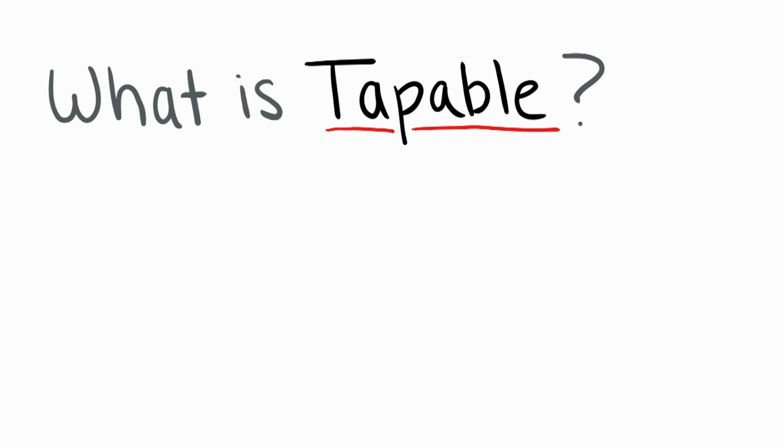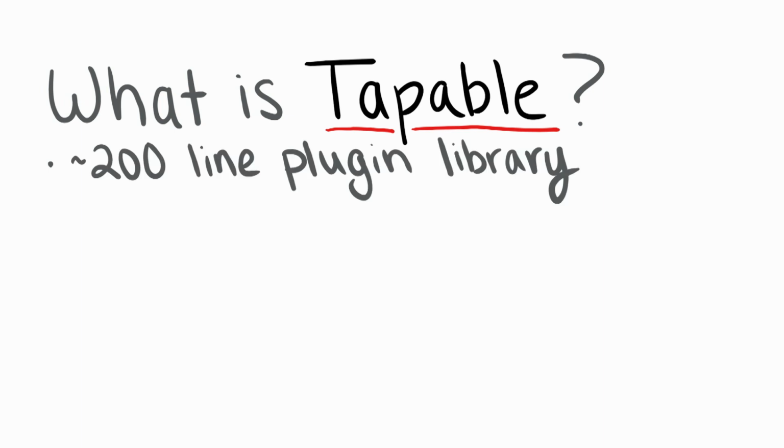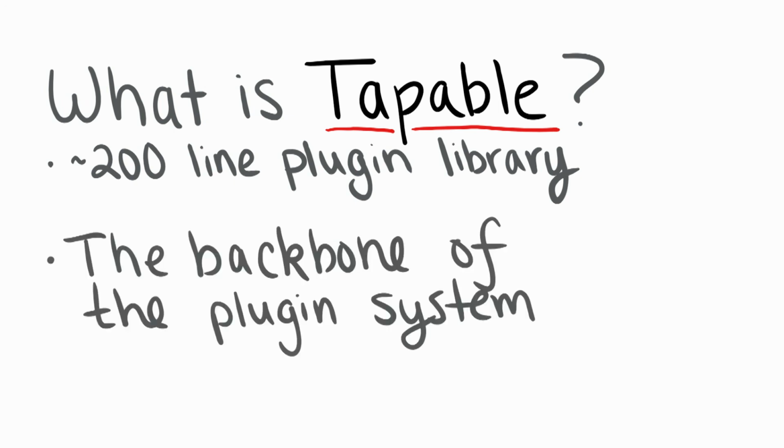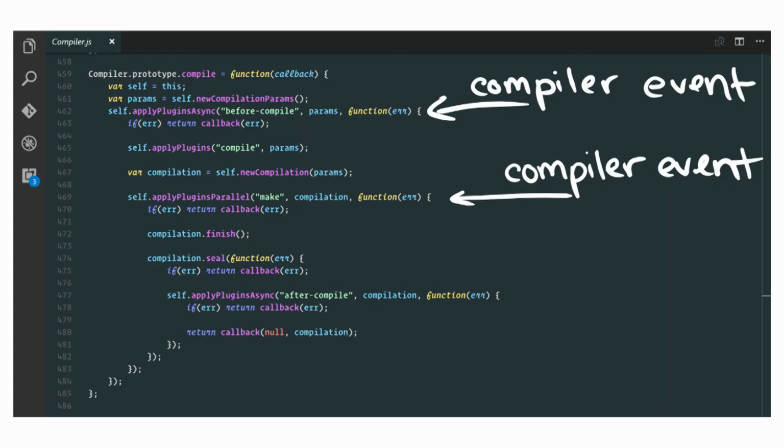So this is powered by a system called Tappable. Tappable is a little 230-line library in Webpack, or in a separate repo, that mixes into classes so that they can be plugged into. And it's the backbone of the Webpack plugin system.